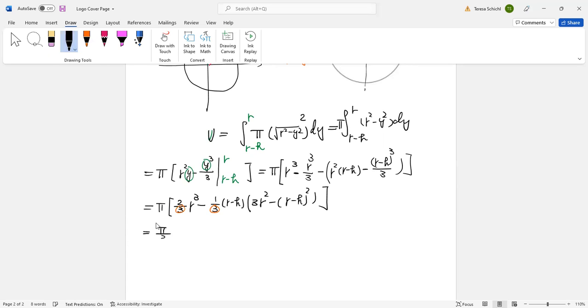So it's pi over 3. All right, so then this is a 2r cubed minus r minus h. And then in here, I can FOIL that. So this is 3r squared minus r squared plus 2rh minus h squared.